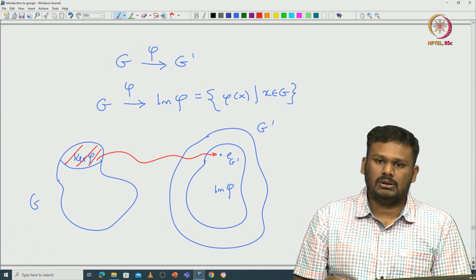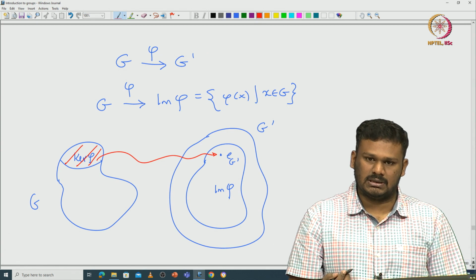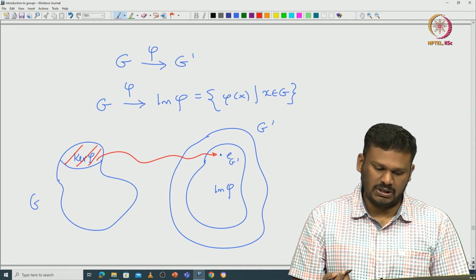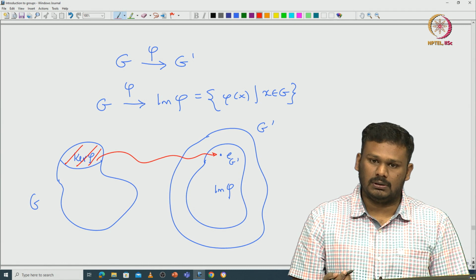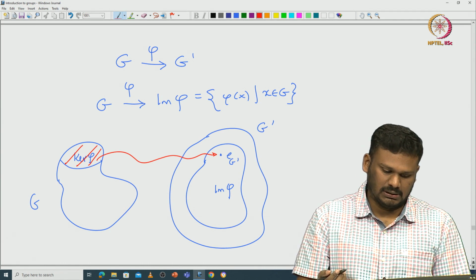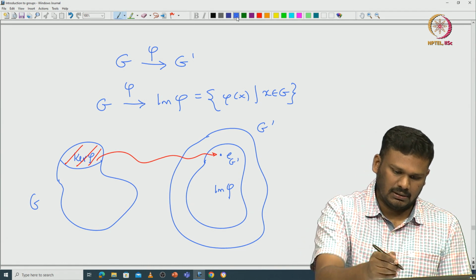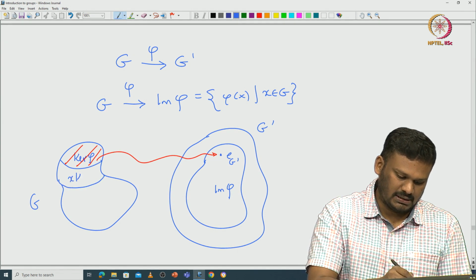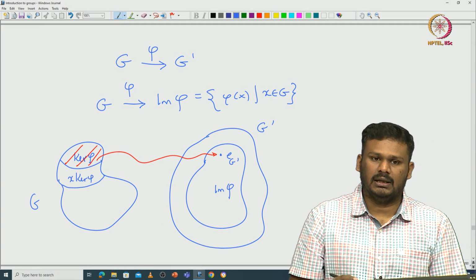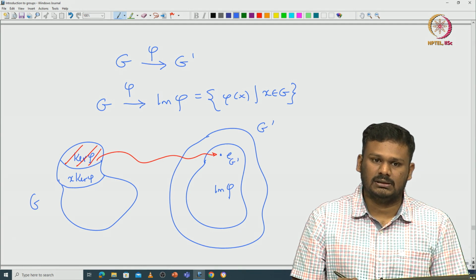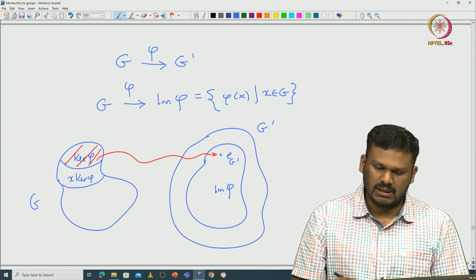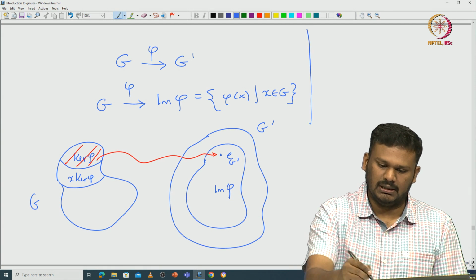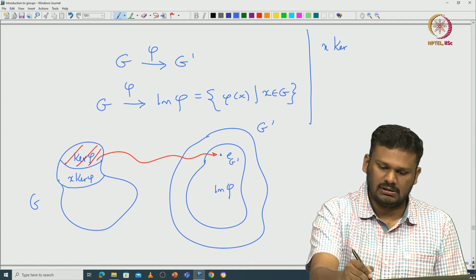Now because the kernel is a subgroup of capital G, one can talk about the left cosets of the kernel. For example, if we take the left coset X kernel phi, we want to see where this is mapped. Let us do this computation aside. What is X kernel phi?